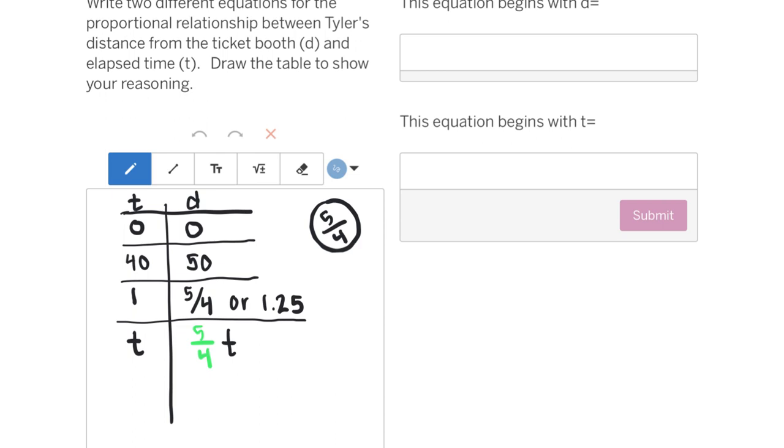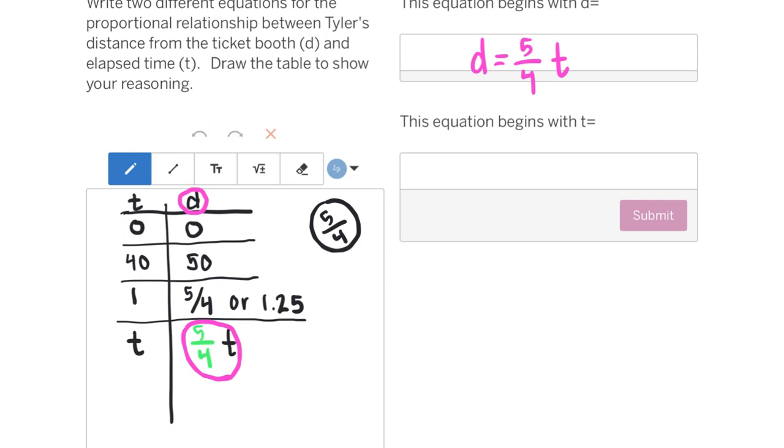So if we have our distance is equal to 5/4 t here, we can set up our equation. Distance equals 5/4 t. So from our graph and our chart, we can get our constant of proportionality just like we did before, and then from there, write the equation.